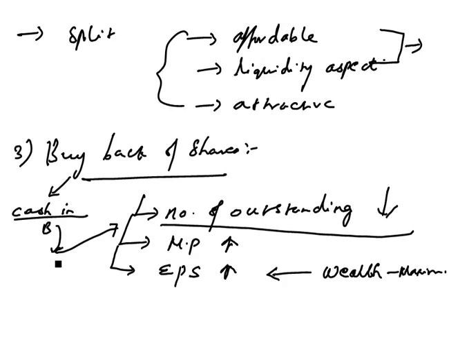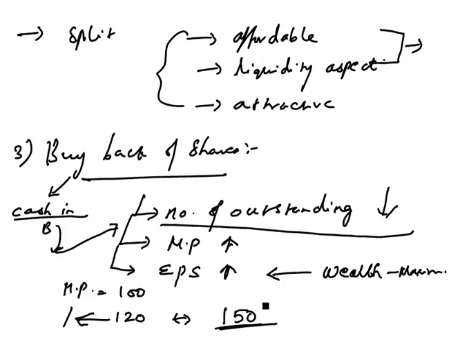Usually they pay a premium. Let's say the current market price of the share is 100 rupees, the company will pay around 120 rupees and get it from the investors. And thereby, after let's say 3 or 4 months, due to high demand for the stock of this company, the market price may even reach 150. In a way it is increasing the EPS.